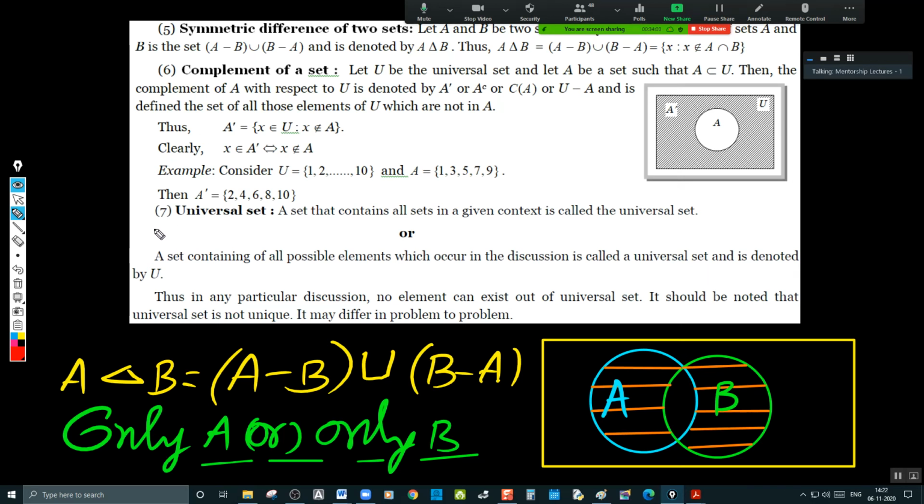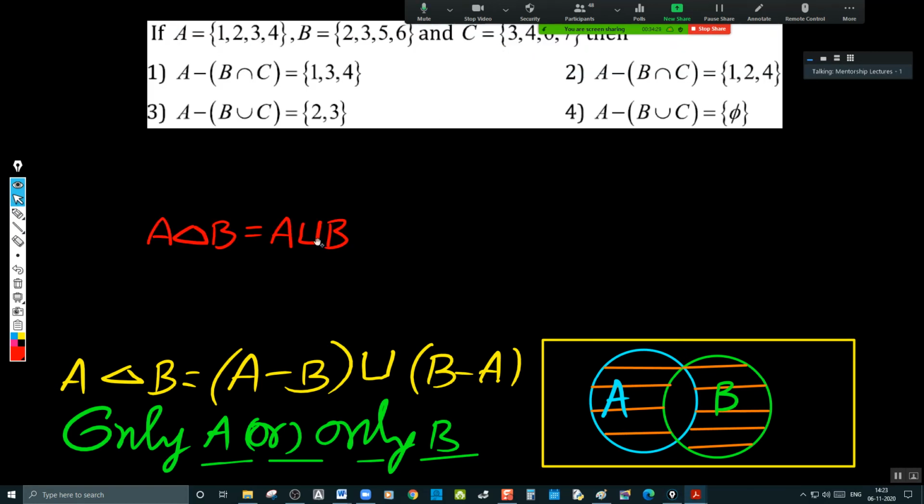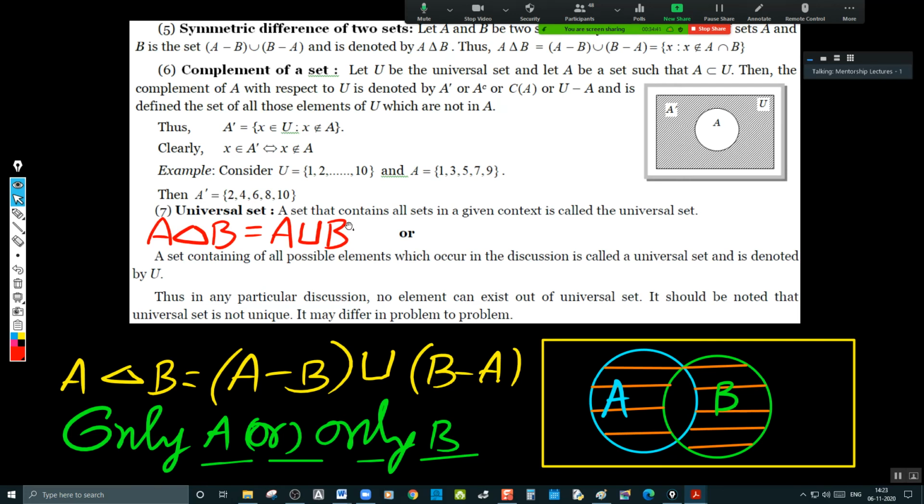What is that I'm saying? A delta B I'm talking about. A delta B means symmetric difference. If I write it as A union B, for example, A union B means either A or B. Either A or B or both, but or both we don't want.